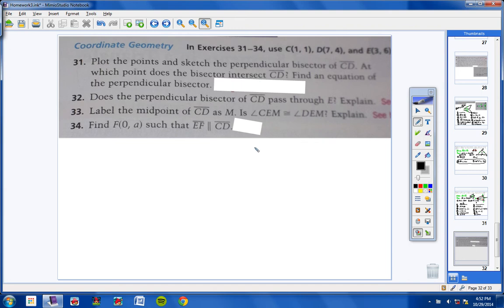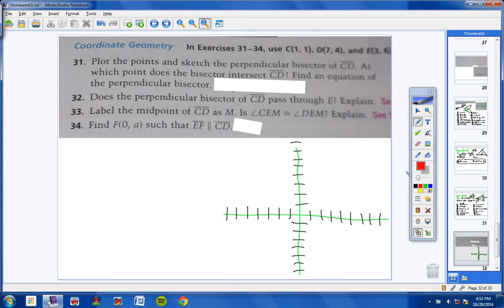Okay, students, the directions say that we have these three ordered pairs right here, okay? So I'm going to go ahead and plot those very quickly here. Okay, and here we go. 1, 1 is 1 point.